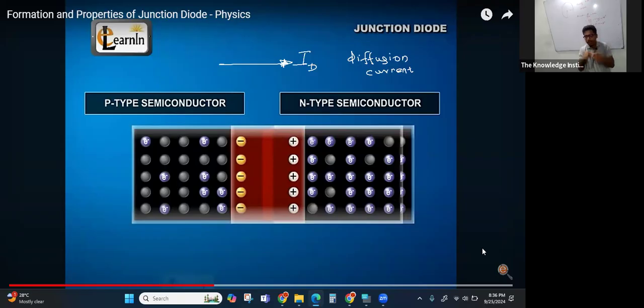When this recombination happens, that electron and hole will no longer be there, right? It will complete the bond.